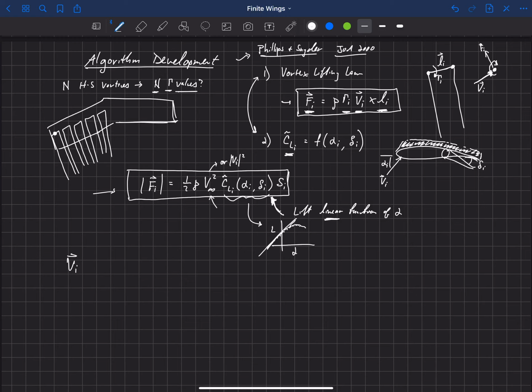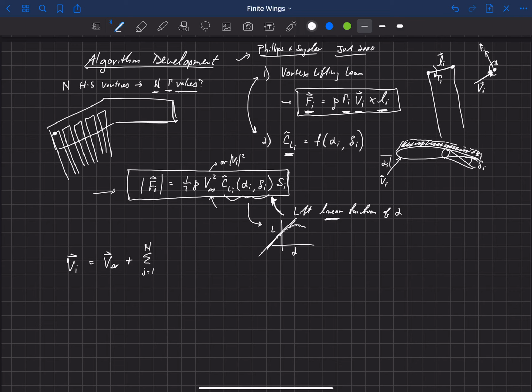So okay, the velocity at point I, or at horseshoe vortex I, or the total velocity, I should say, is equal to the free stream velocity, V infinity, plus that induced by all of the horseshoe vortices. So I'm going to use J to loop over all of the horseshoe vortices.